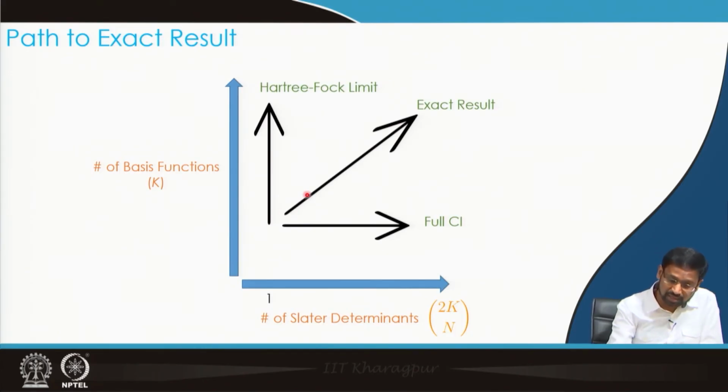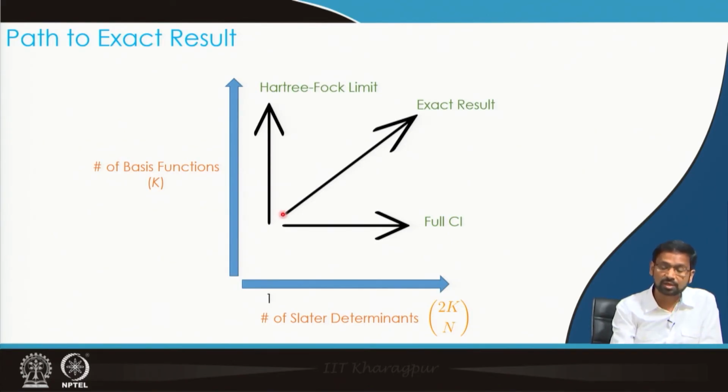As long as we are staying on this path, the calculations are called well balanced calculations. Otherwise, suppose we take great basis functions but no electron correlation, that is a biased one, or the other way around, we take a very poor basis function but consider many Slater determinants and do CI, that also is not a well balanced calculation.